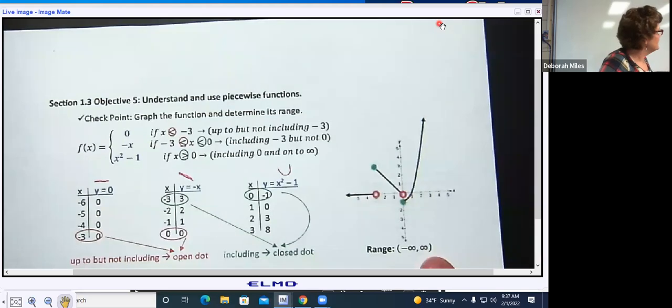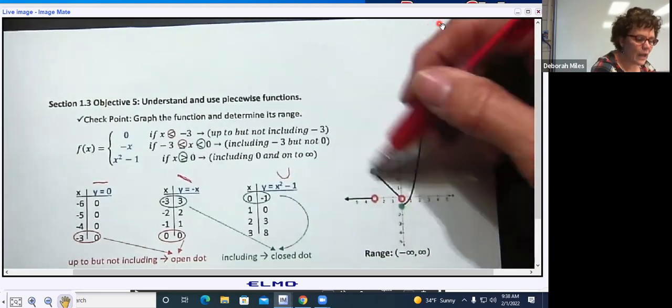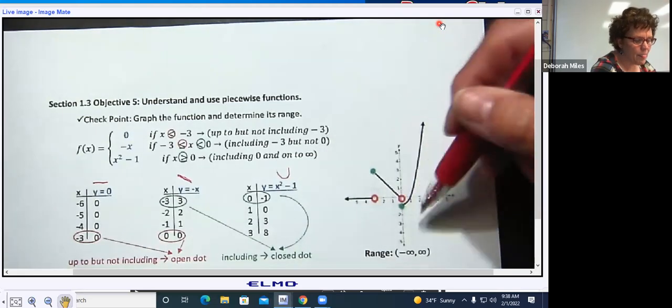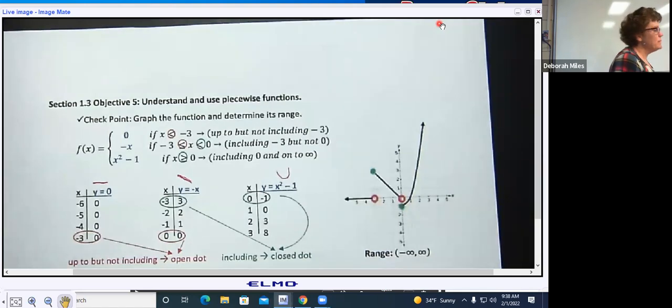The most common mistake in these is to have the whole line graphed and the whole parabola graphed. If I did that, it wouldn't be a function because it wouldn't pass the vertical line test. There would be points where you could put a vertical line that would touch 2 pieces of the graph, and therefore it wouldn't be a function.